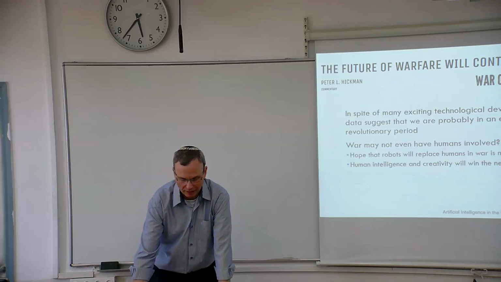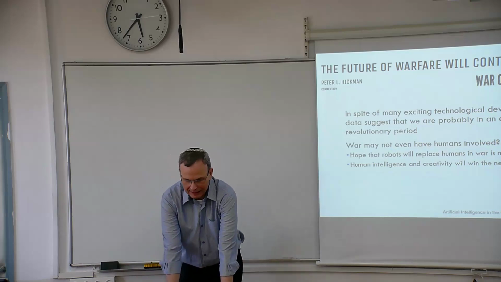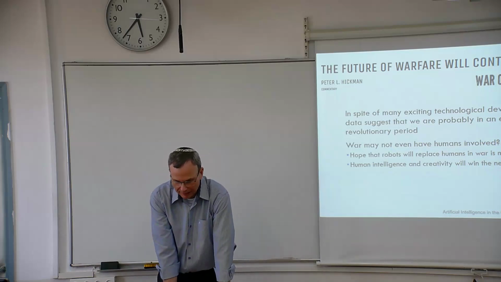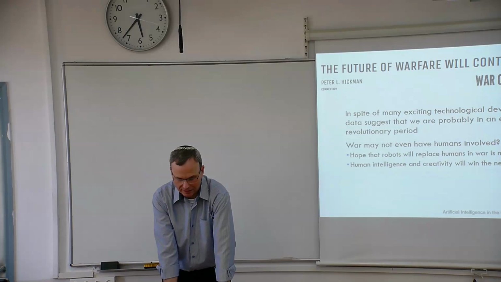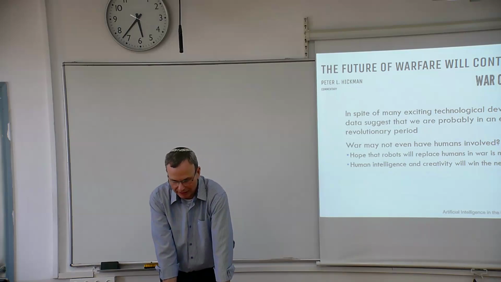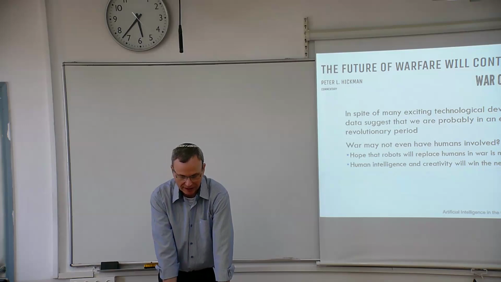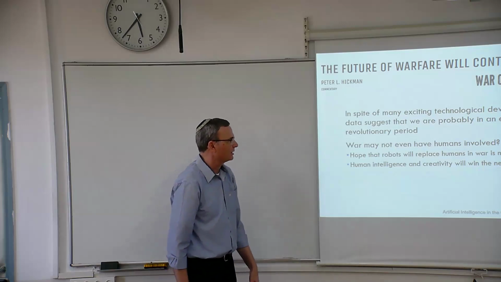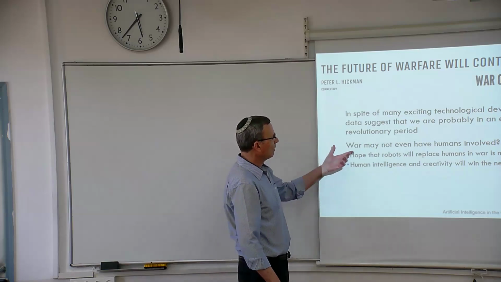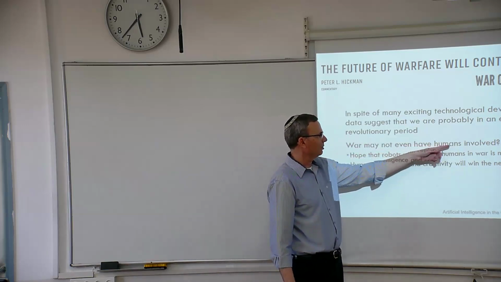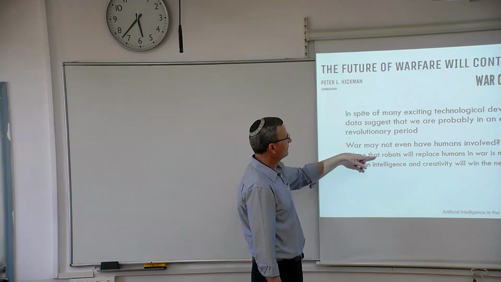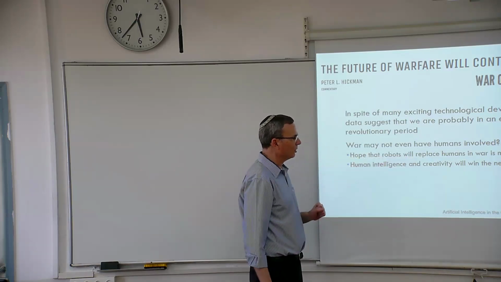And he continued to argue that in spite of many exciting technological developments, history and data suggest that we are probably in an evolutionary rather than revolutionary period. Meaning it's an evolution, it's not a revolution. War may not even have humans involved, he asked. Well, the hope that robots will replace humans in war is misplaced.